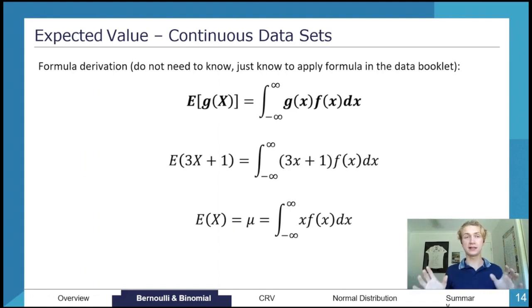If you're ever in doubt in an exam, my recommendation is always to go straight to the data booklet, have a look, what are you actually dealing with, and usually you can figure it out from there. It can be a bit mathsy and the terminology can be a bit weird, but as long as you've done enough practice questions, you should be able to work it out.